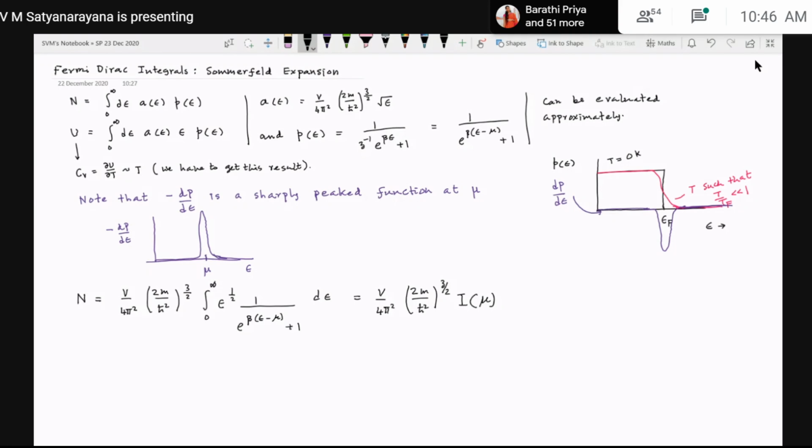Okay, so now I want to find I of mu. First, let us do an integration by parts.